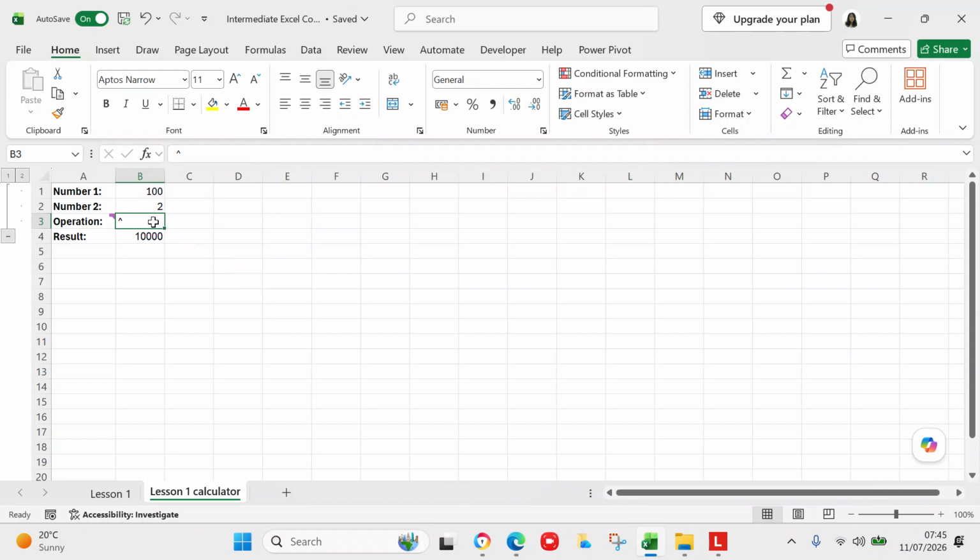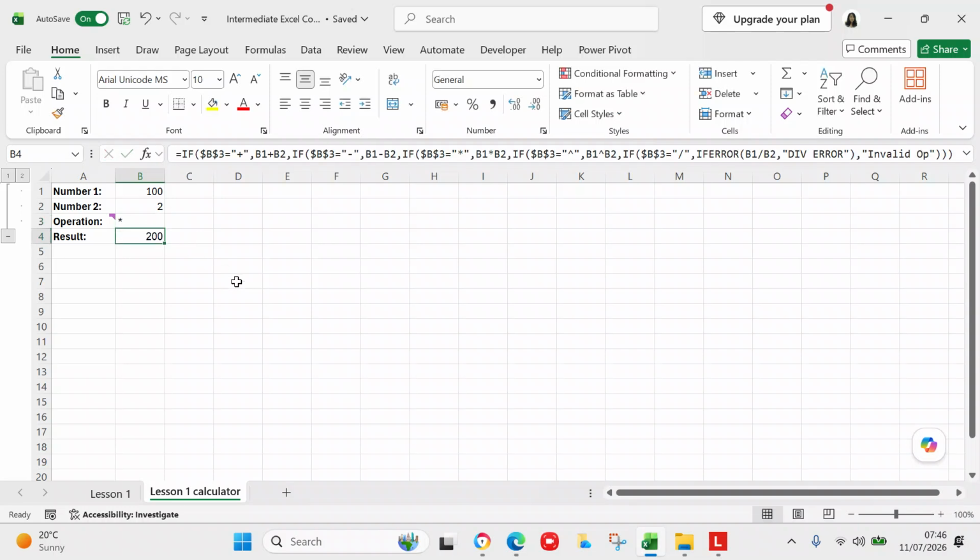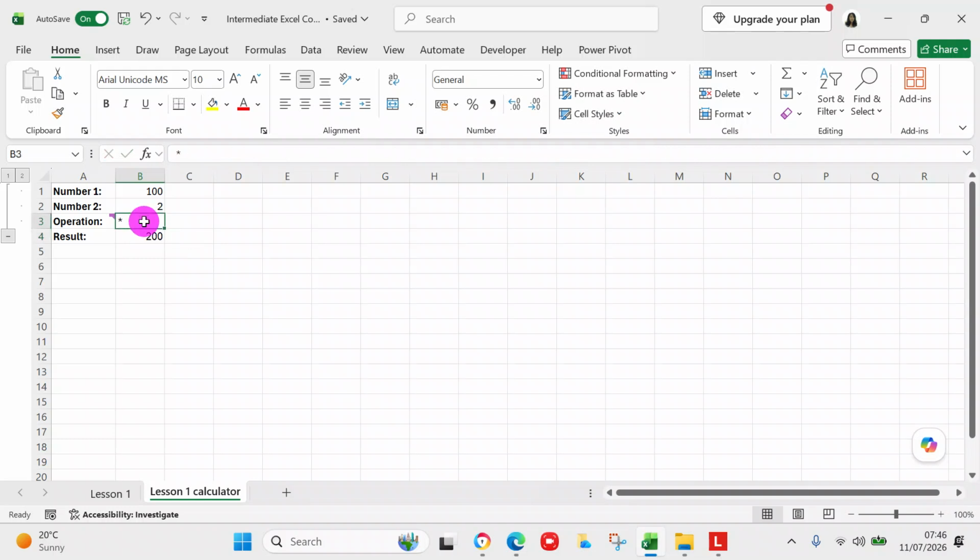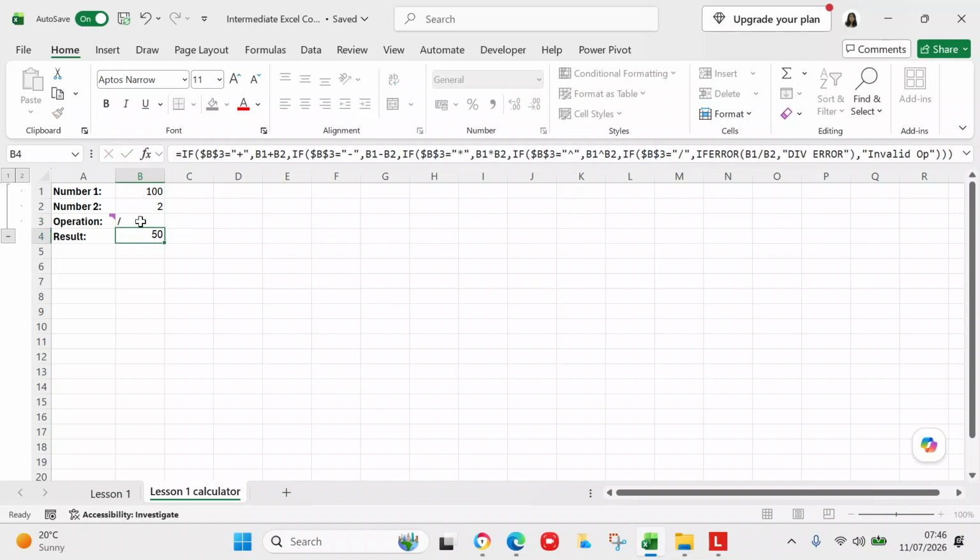So we can change this. Let's make it a times. We can put a star in here instead of a caret. So 100 times 2 equals 200. And you can put a divided by.